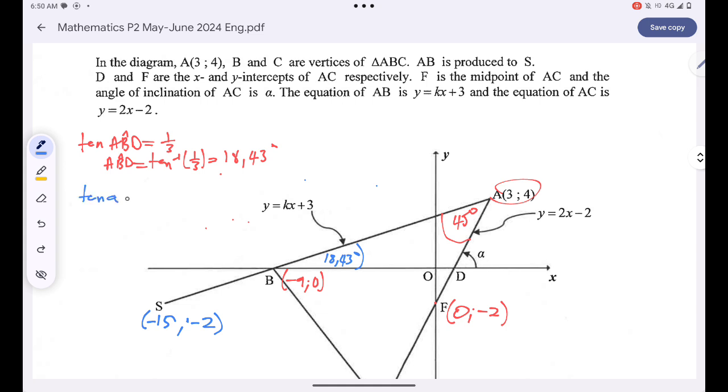I know that tan A is equal to the gradient, which is equal to 2. The gradient of the line is 2, right? So A is equal to tan inverse of 2. And this will give me 63.43. Are you together?